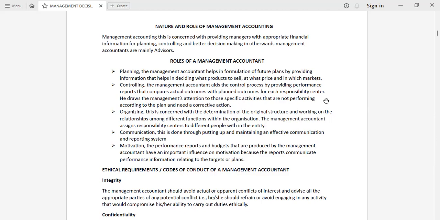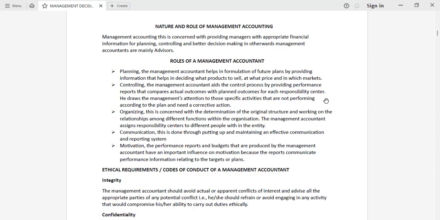But those people provide the management accountant with information that he or she will analyze and summarize in a way that is understandable, and finally, he or she will offer advice in relation to that matter.